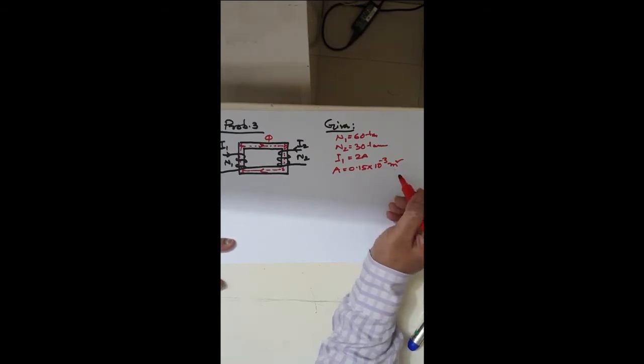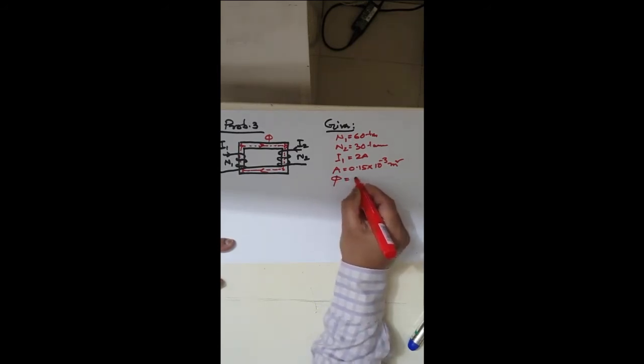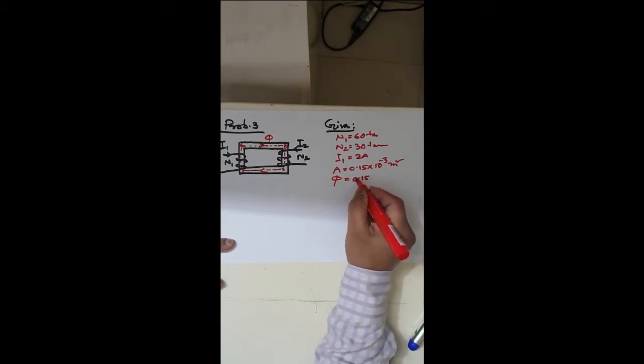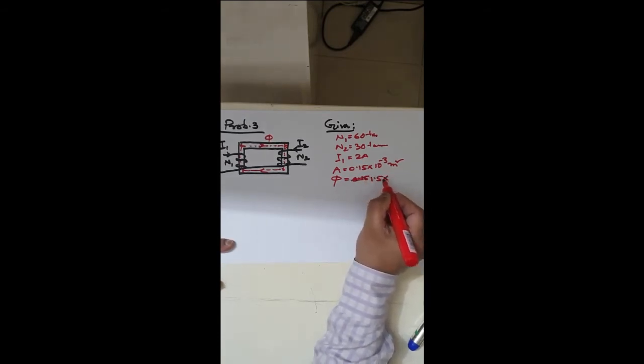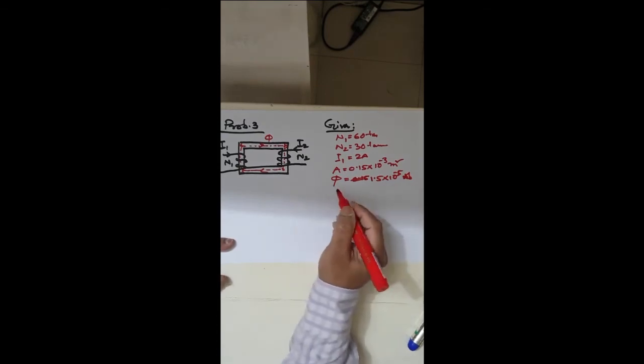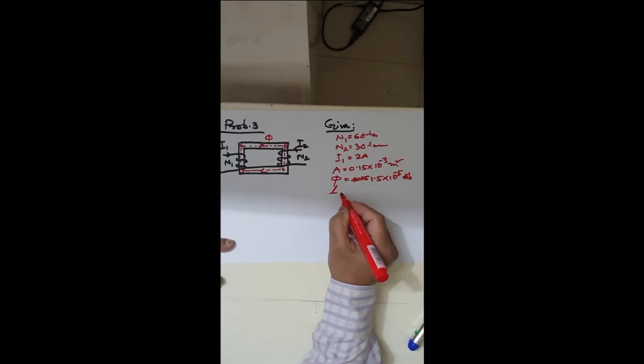The flux phi is given as 1.5 into 10 to the power minus 5 Weber. So phi is given for the flux lines, and the flux lines length L is given here as A, B, C, D.